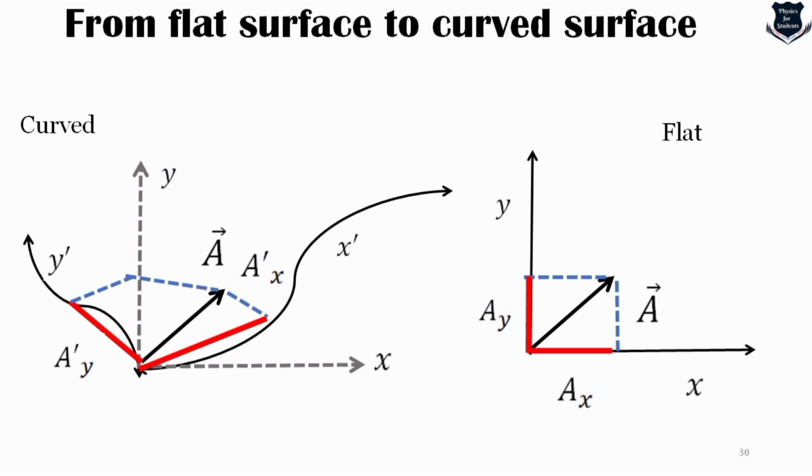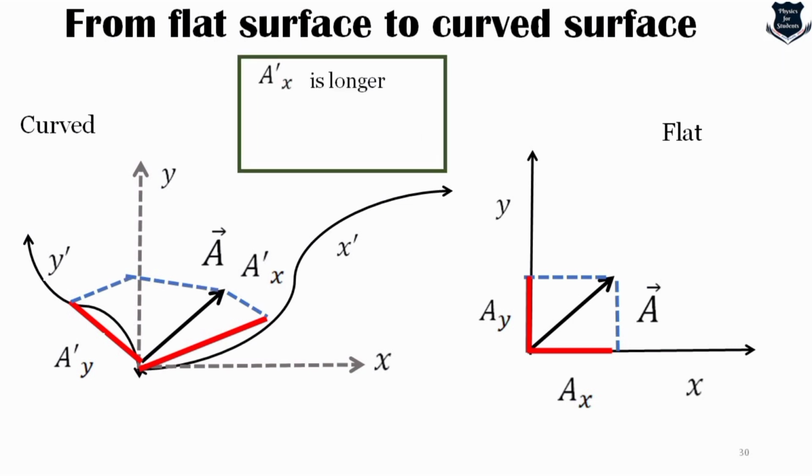When we draw the components of the vector, what we find is that A prime x, as you can see, is longer than the original Ax, and A prime y is also a little bit longer than the original Ay. However, the vector remains invariant, it doesn't change.